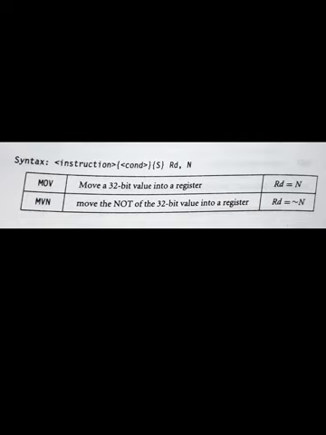If you use the S suffix on a data processing instruction, then it updates the flags in the CPSR. Then the move and logical operations update the carry flag C, negative flag N and the zero flag Z.